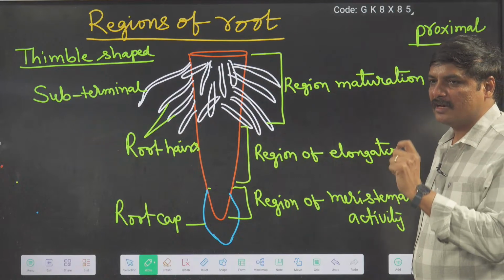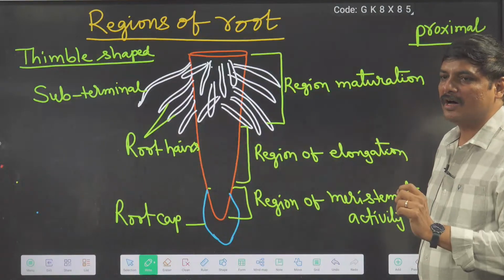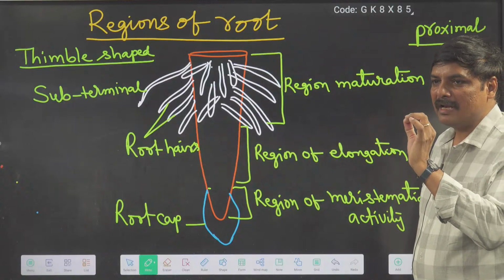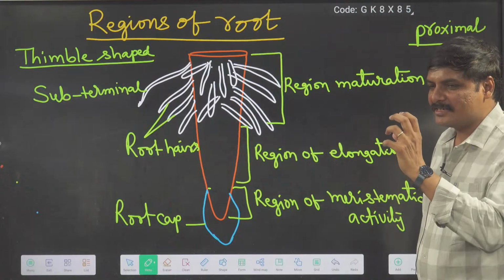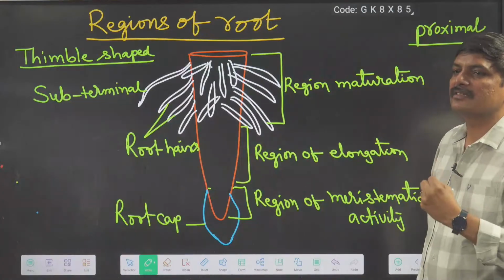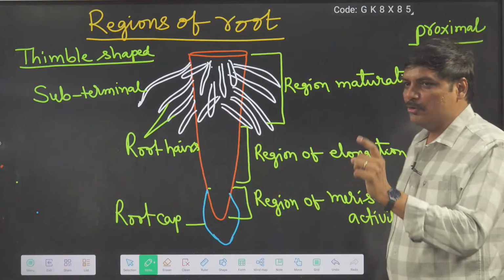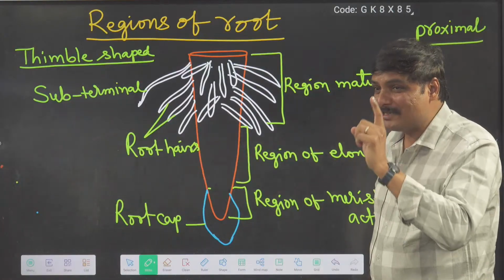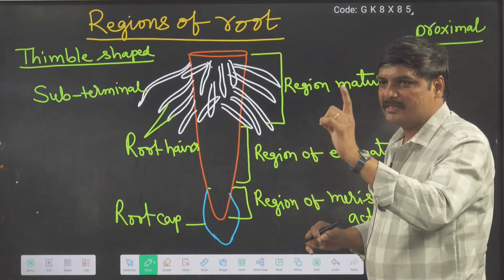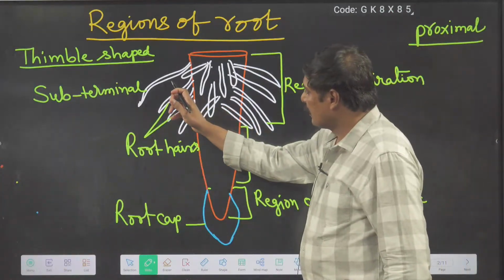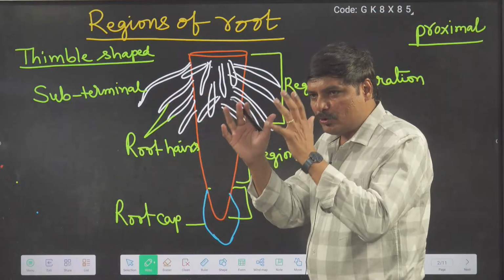Root hairs are unicellular epidermal extensions. They are nothing but extensions of epidermal cells, and these are always unicellular. Whatever the length of the cell, it is unicellular.